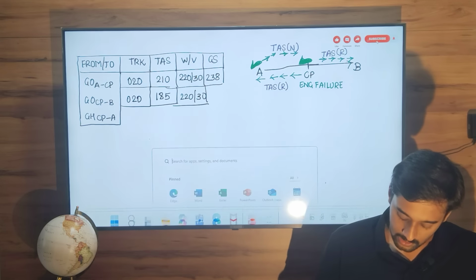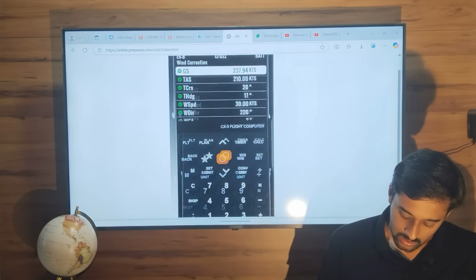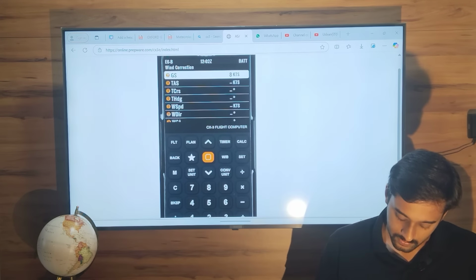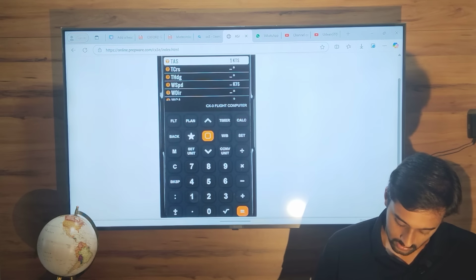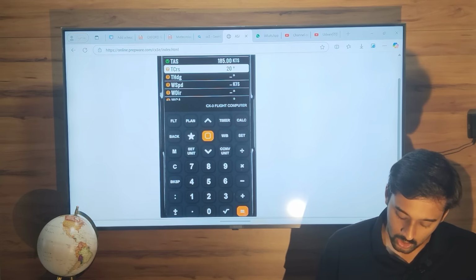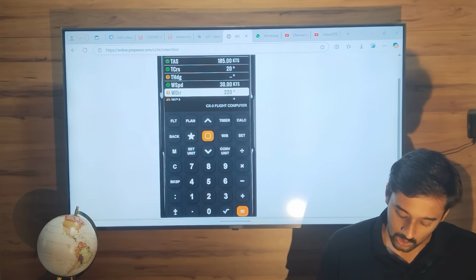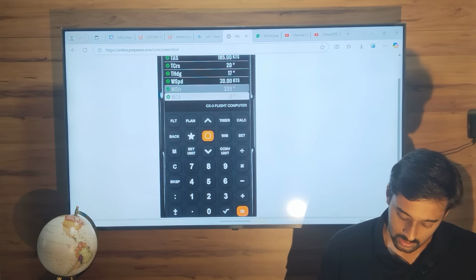Now let's calculate the ground speed. True airspeed from CP to B is 185. Course is 020. Wind speed 30 knots. Wind direction 220.